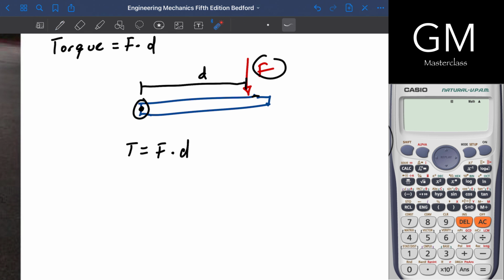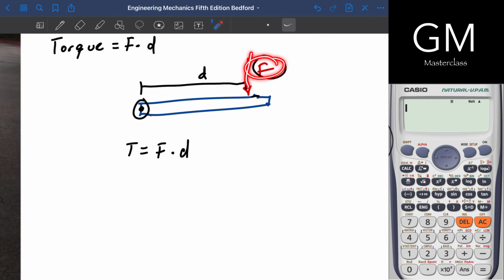In order for a torque to exist, a force has to be applied transversal to the area of the object that we are managing.